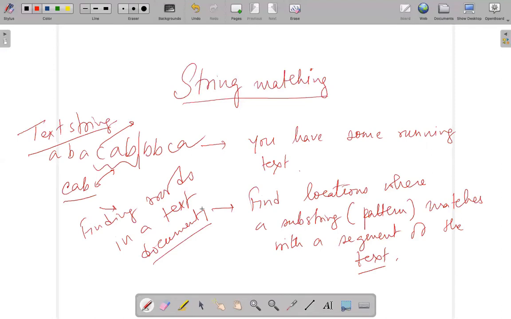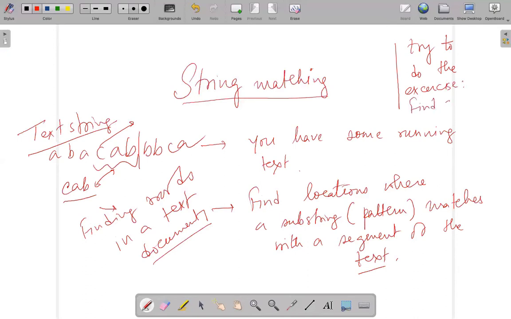So I would suggest that once I have taught you this algorithm, try to do the exercise that I just now mentioned.